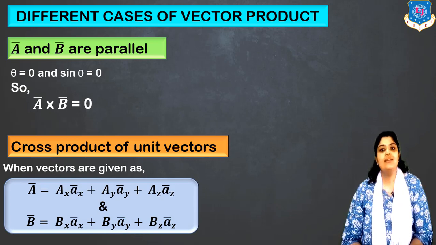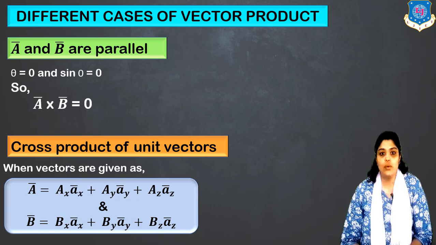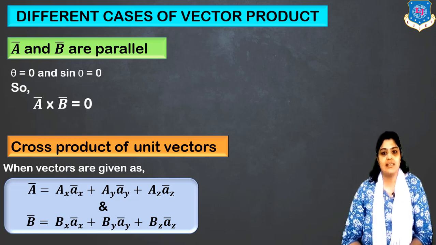Suppose I have the vector A is equal to AX into AX plus AY into AY plus AZ into AZ.